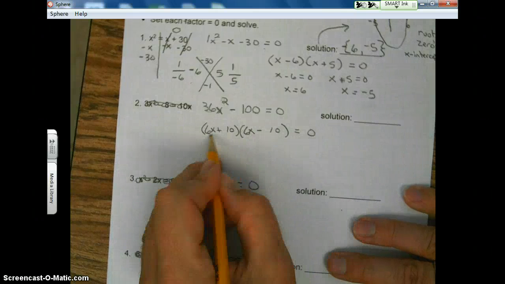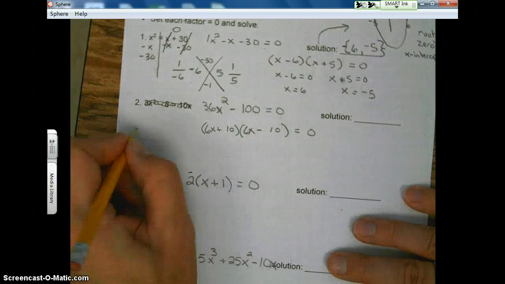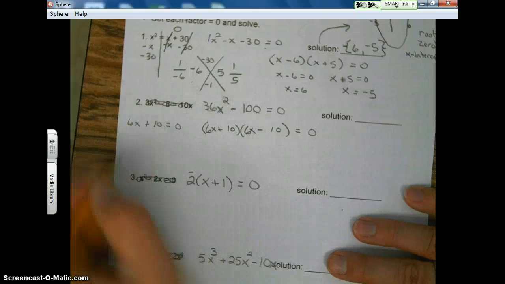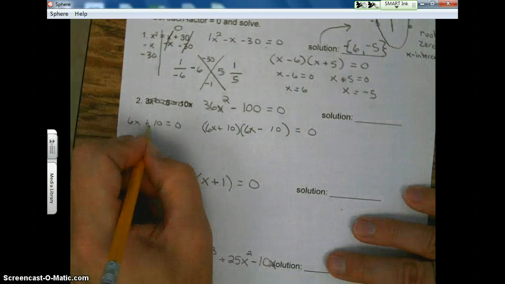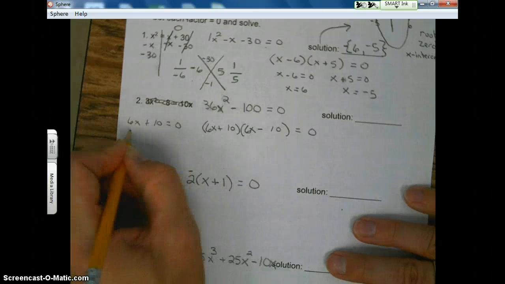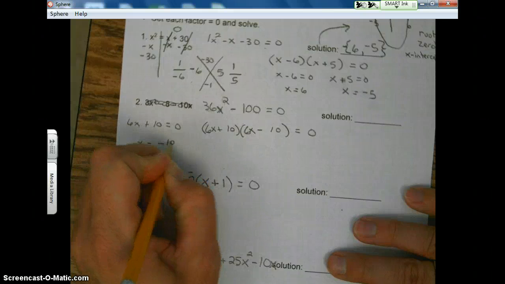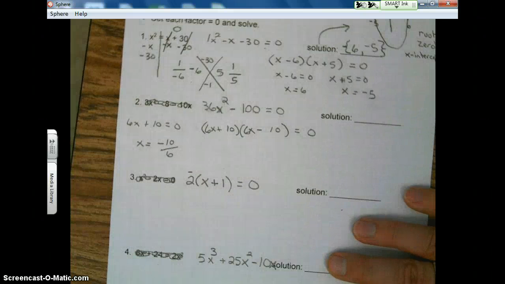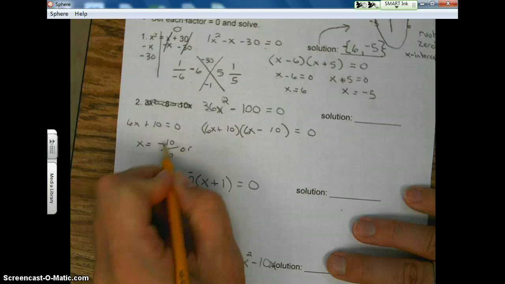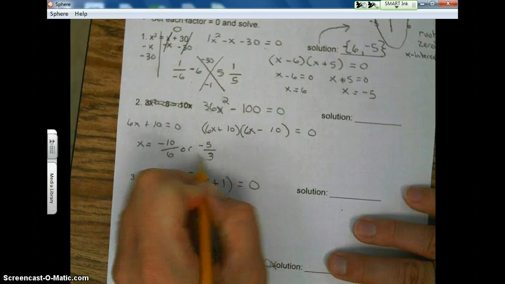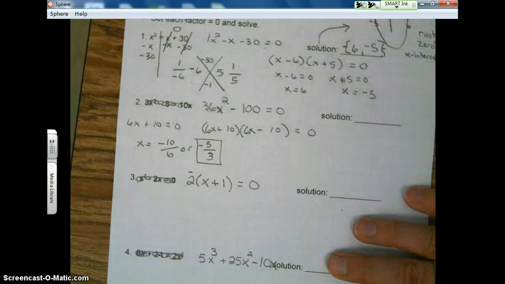Okay, so we're going to set each factor equal to 0. We're going to solve this, so we're going to subtract 10, divide by 6. So we're going to have negative 10 over 6. Or, reducing that, negative 5 thirds.